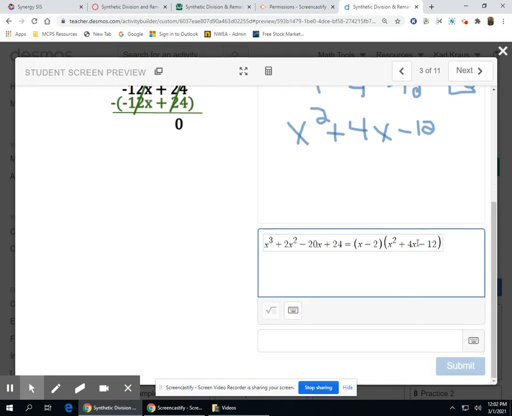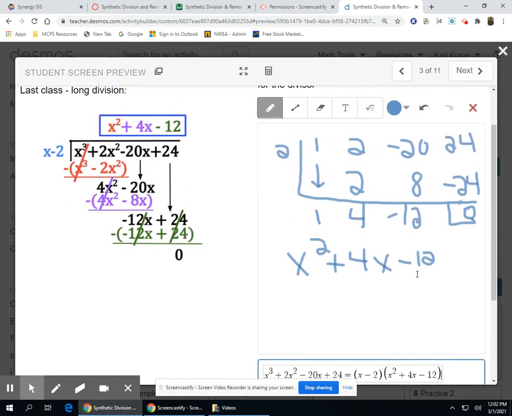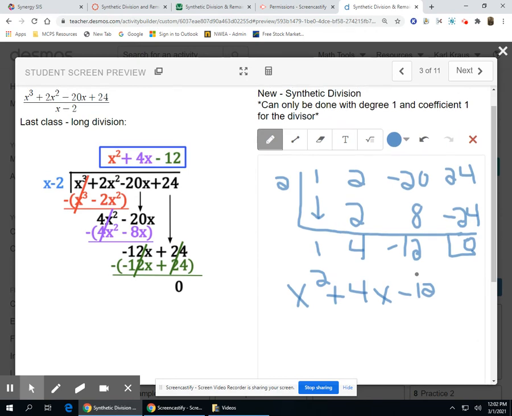We'd actually find the zeros if we equated both of these to 0, but it doesn't ask for that. So I'm just going to stop there.